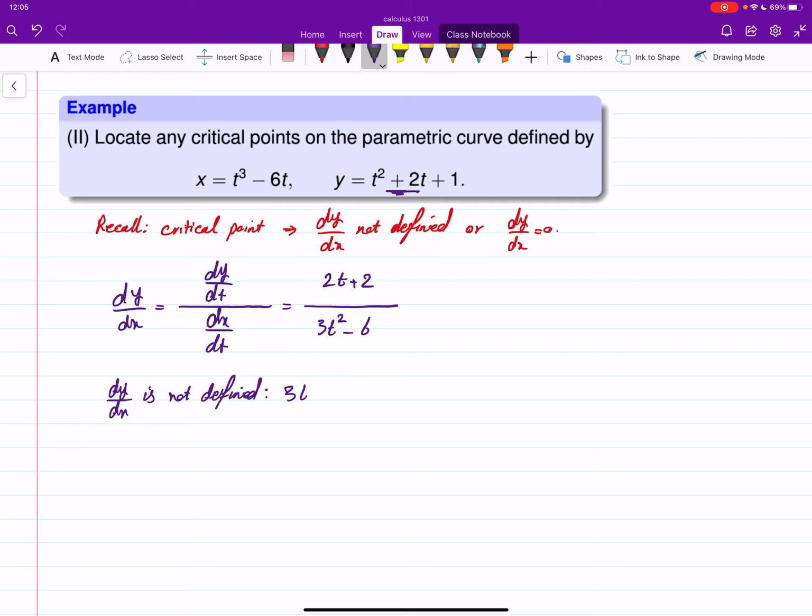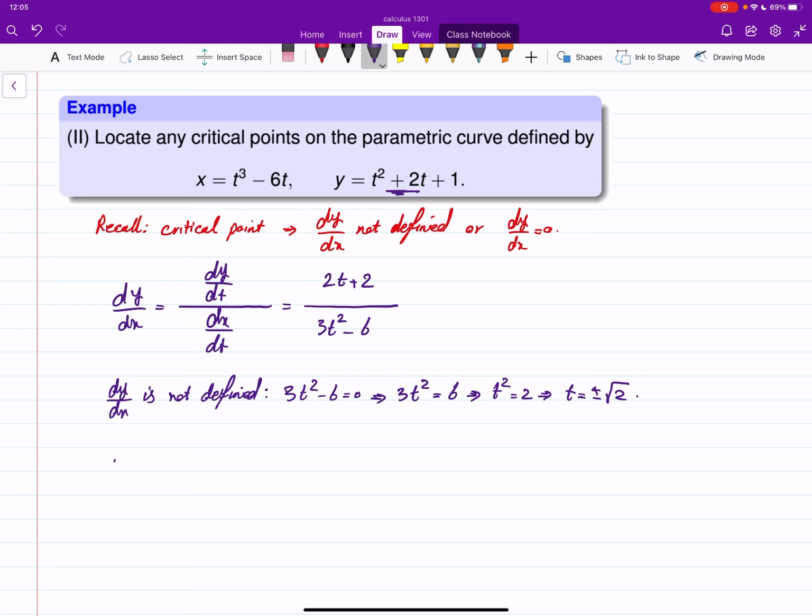So if this is equal to 0, then that expression doesn't make sense, and that means that t squared is equal to 2. t is either plus or minus root 2. So for t equal to plus or minus root 2, dy/dx is not defined.